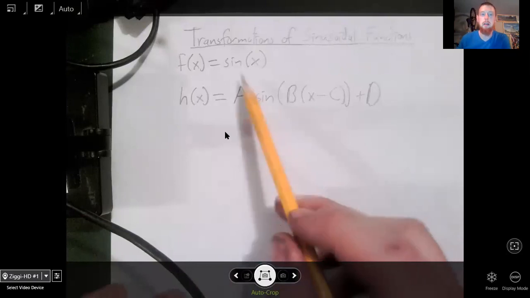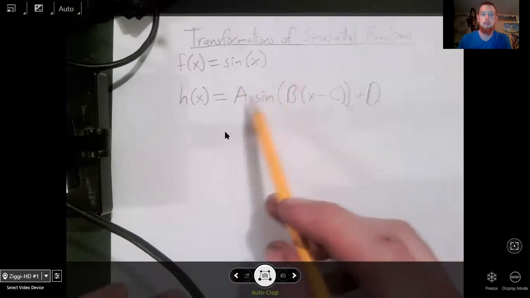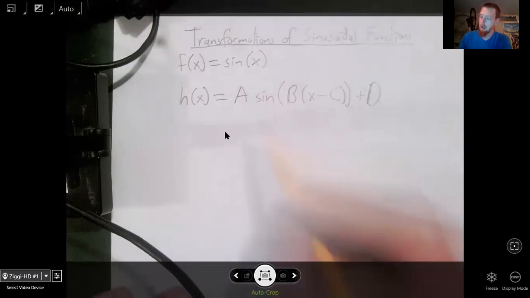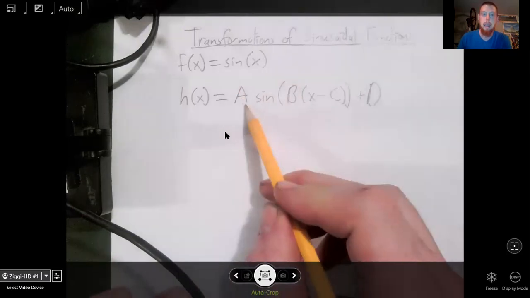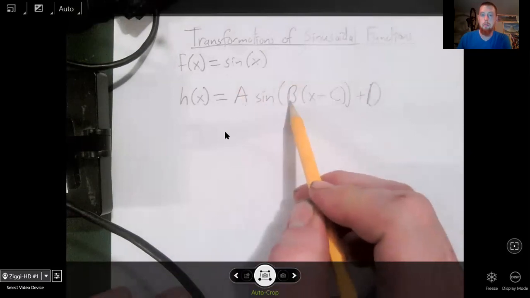So if I've got a parent function for a sine graph, f of x equals sine of x, there are 4 different parameters that can transform that sine function in different ways. I can multiply the whole function by a coefficient. Then inside the argument of sine, I can multiply by some kind of scalar.